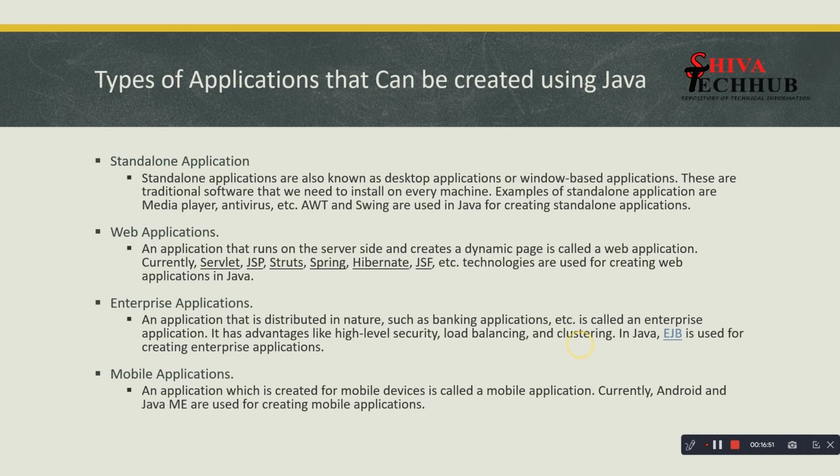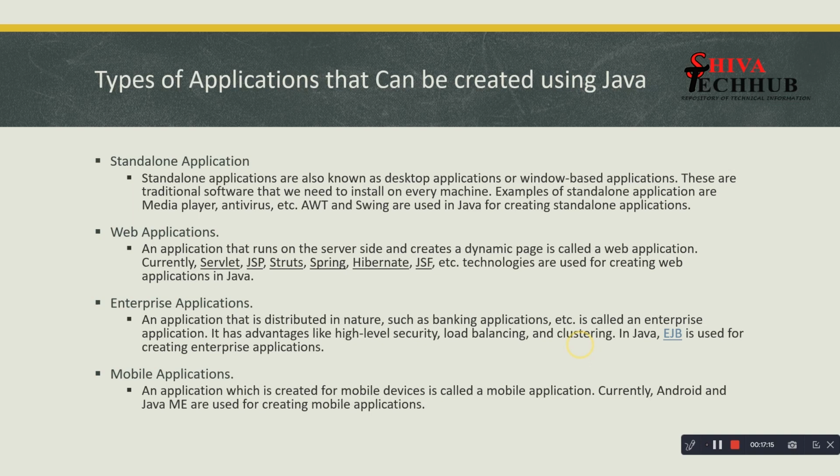Enterprise applications. An enterprise application is one which is distributed in nature, and it is a client-server type of architecture. Some applications like banking applications are the best example of enterprise applications, and they have advantages like high level security, load balancing and clustering.